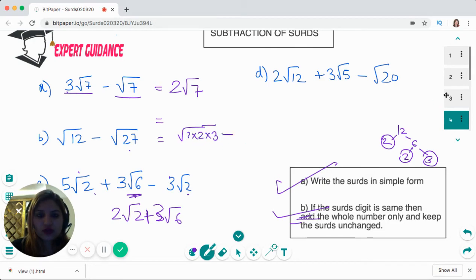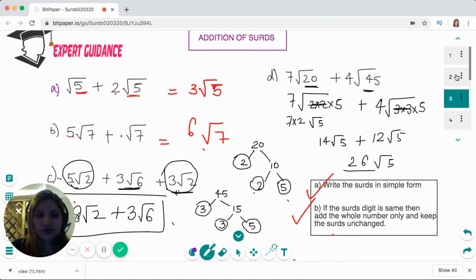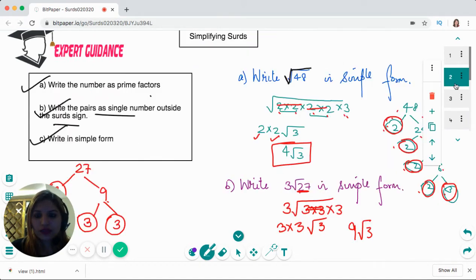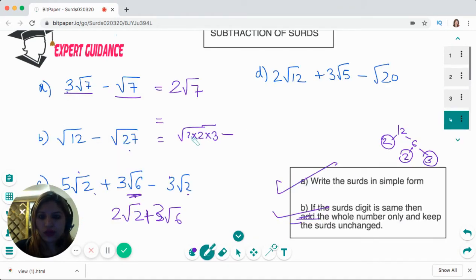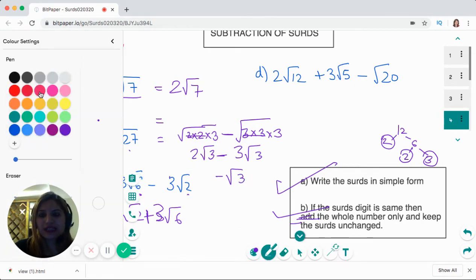Square root 27 can be written as 3 times 3 times 3 under a square root sign. We take this pair outside, so it becomes 2 root 3 minus, this pair goes outside, 3 root 3. So, as the surds are the same, we can do 2 minus 3, which is minus root 3. Okay, so I hope this is clear to you.